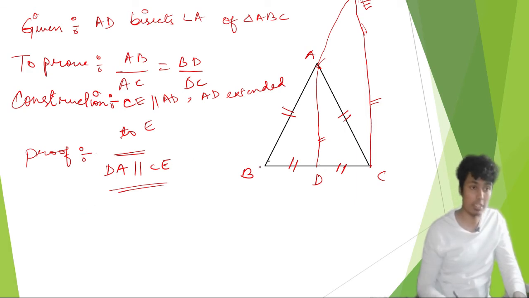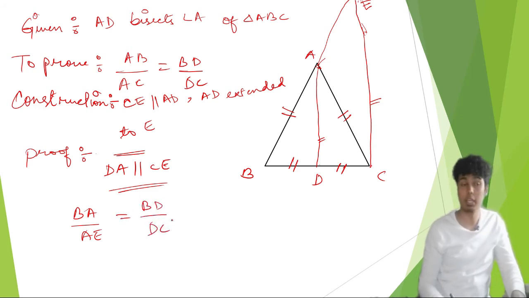The basic proportionality theorem says BA by AE will be equal to BD by DC. We need to prove AB by AC is equal to BD by DC. So let us write BA as AB, and BD by DC.